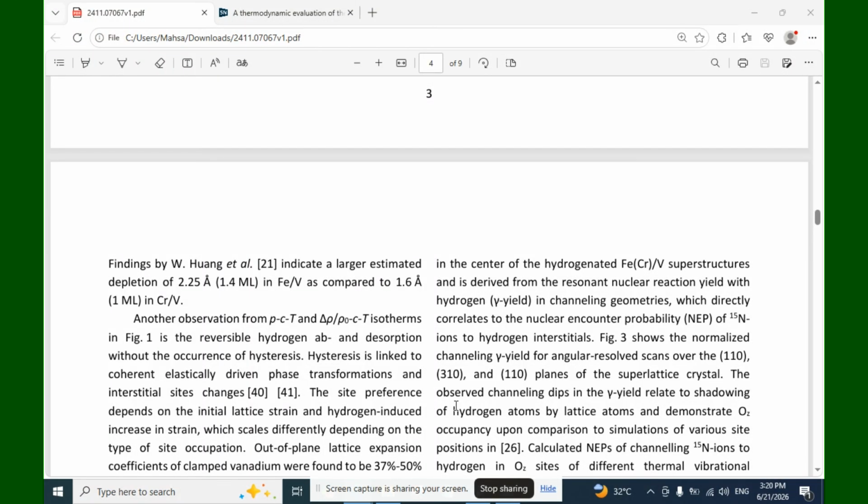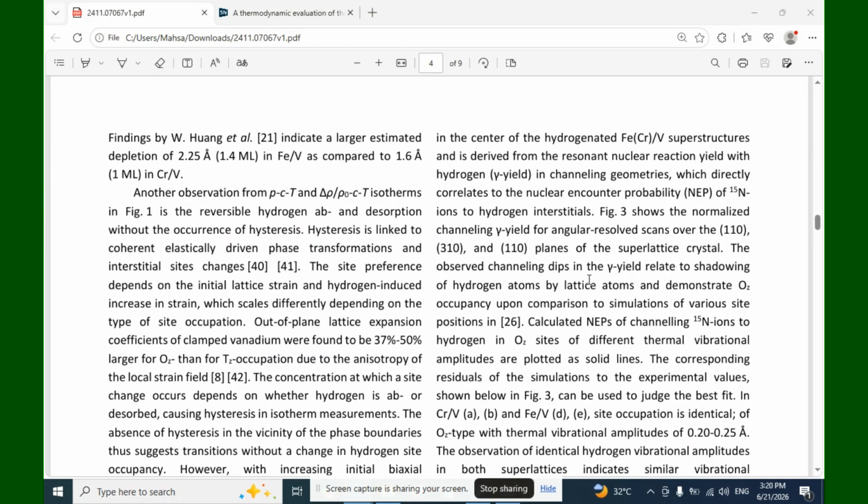The observed channeling dips in the yield relate to the shadowing of hydrogen atoms by lattice atoms and demonstrate oxygen occupancy in comparison to the simulations of various sites. In reference 26, calculated yields of channeling ions to hydrogen at T and O sites of different thermal vibrational amplitudes are plotted as solid lines.